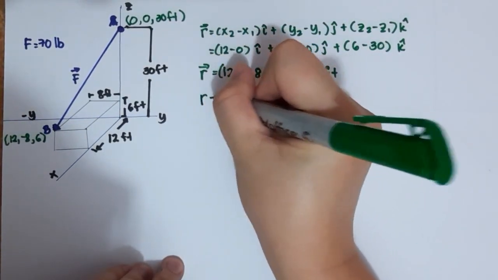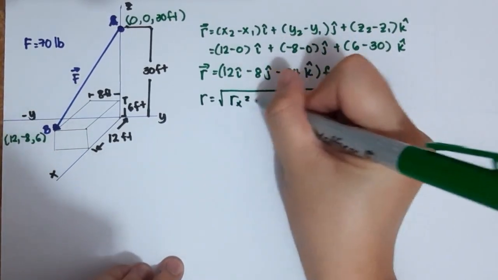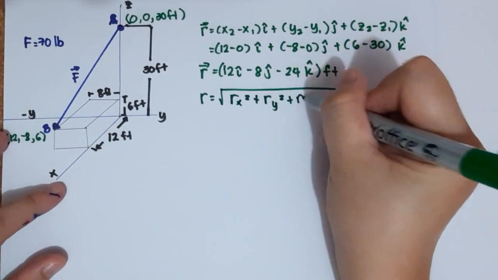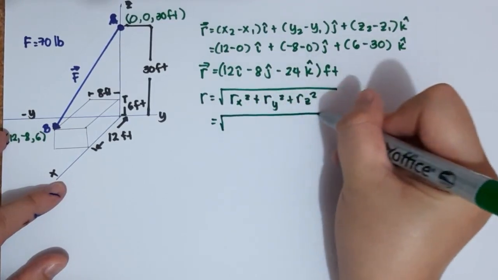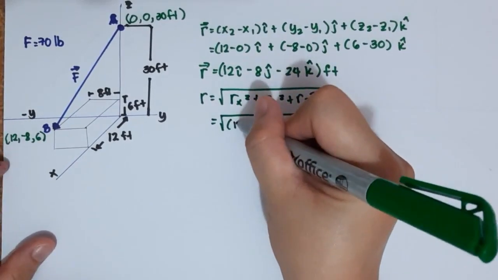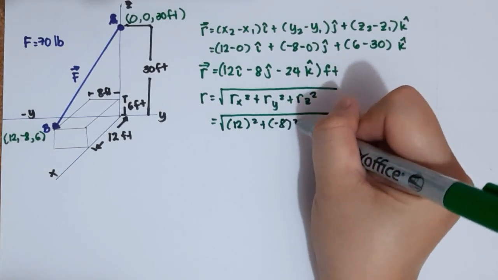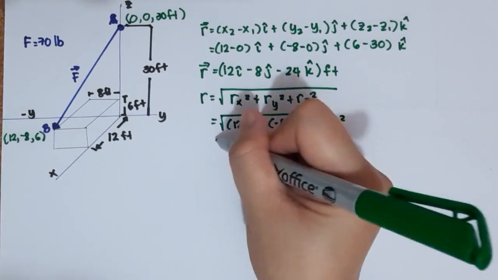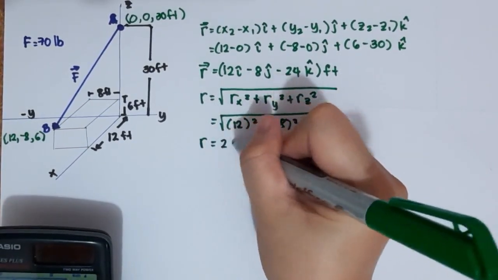So r is equal to the square root of rx squared plus ry squared plus rz squared. That will be the square root of 12 squared plus negative 8 squared plus negative 24 squared. And my magnitude r is 28 feet.